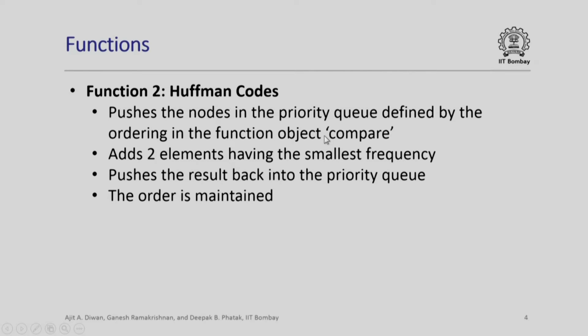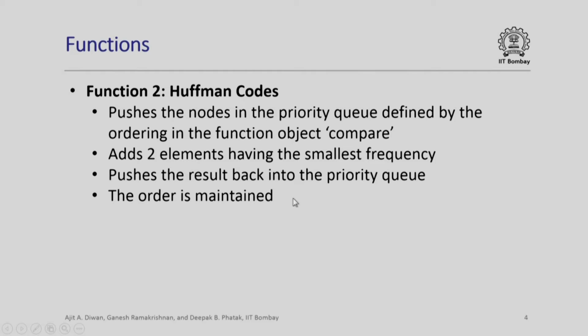So, anytime a new node is to be inserted, it will use this function object compare and decide whether the priority order should be above or below the previous element. This will add two elements having the smallest frequency and will push the result back onto the priority queue so that the order is maintained.